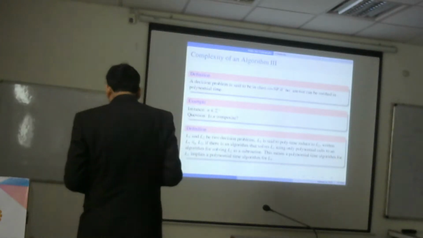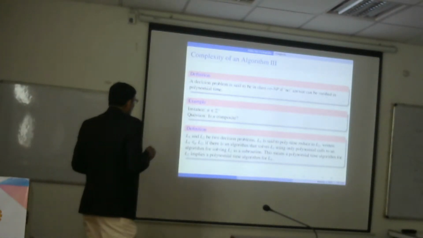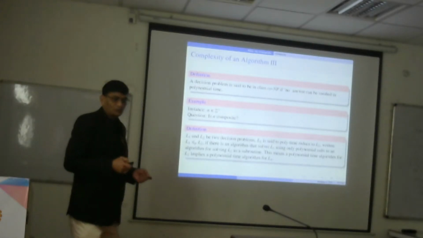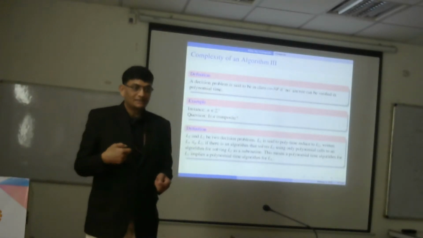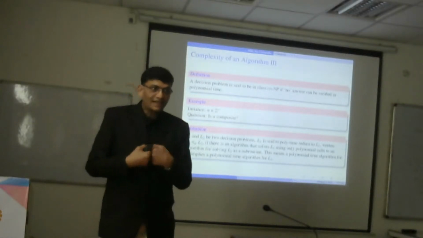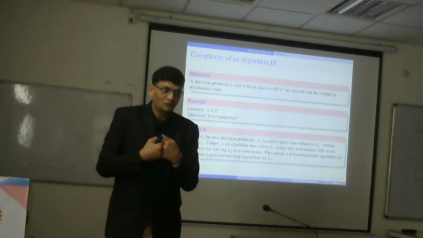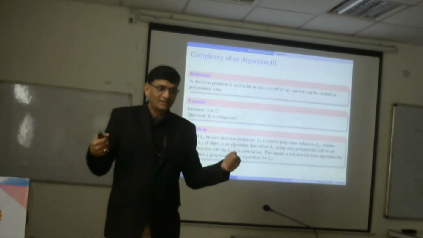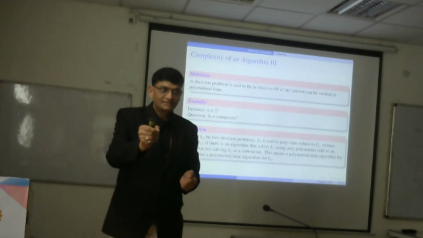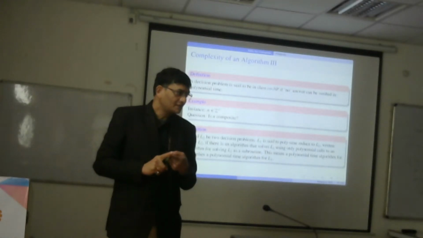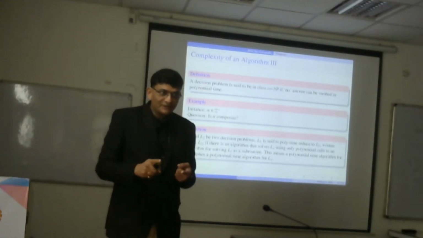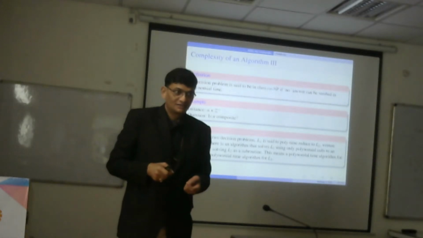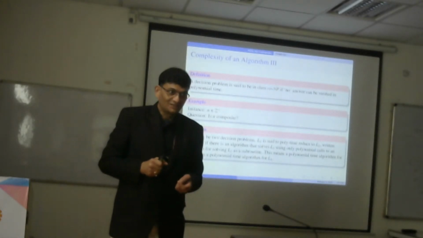NP problems are difficult problems. For example, suppose we have a big number and we say this is a factor of that number. You can verify whether it is a factor or not in polynomial time.